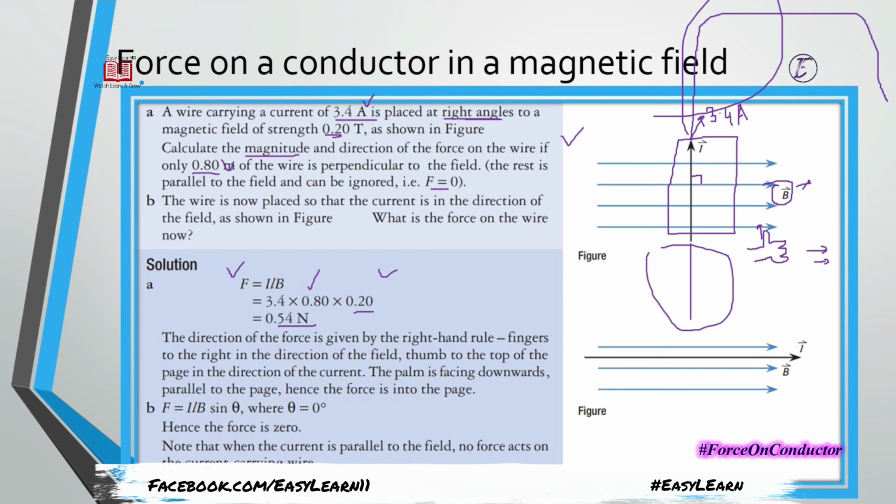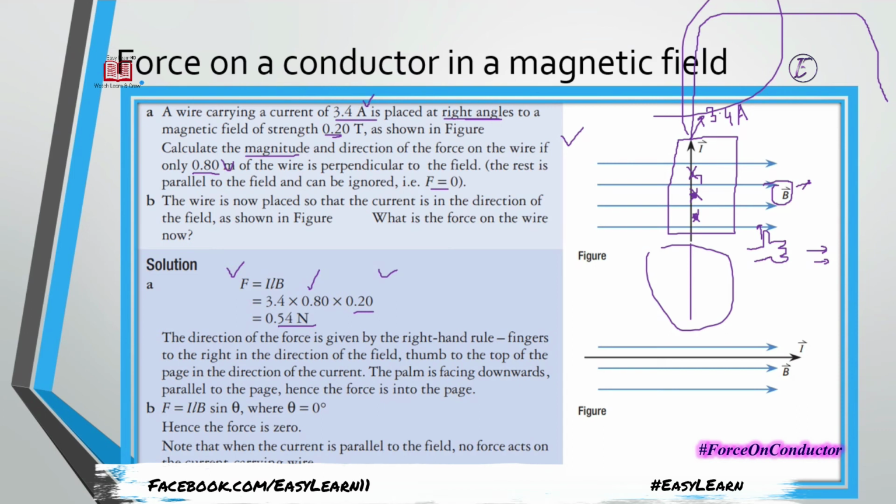This means that the force is into the paper. I can represent a force into the paper with the help of a cross, which means these are going into the paper.